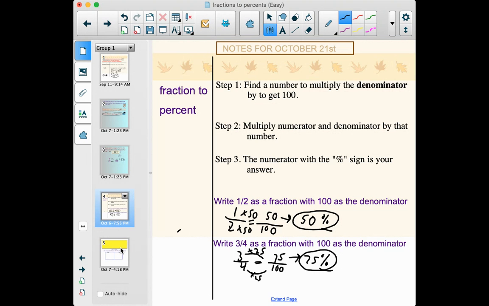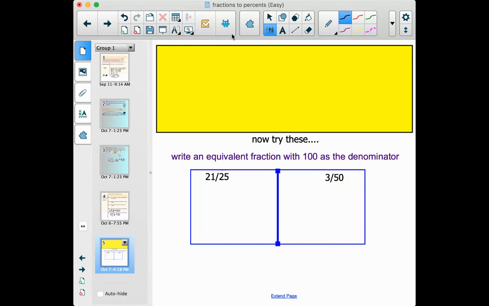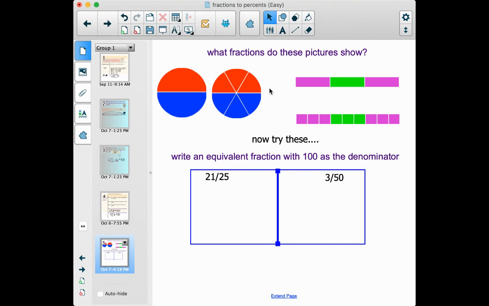All right, so let's try a couple more. Here I have a visual reminder of what's happening here as we're taking these fractions and writing them as equivalent fractions. What we're doing is we're just breaking our circle up into smaller pieces. So if you ignore these lines here and just look at these 2 circles, we can see each of these circles is half red and half blue.